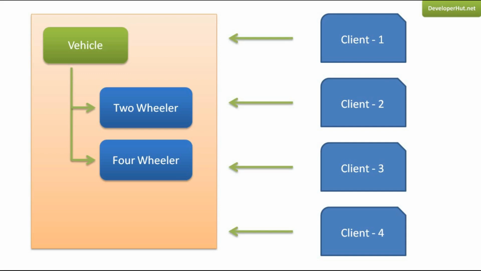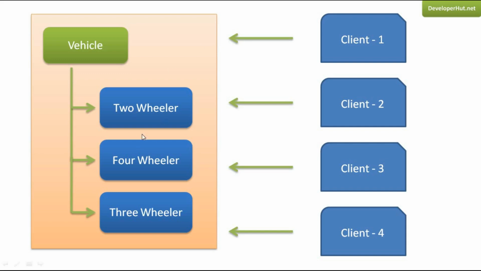Now you decided to add an additional vehicle, which is a three-wheeler vehicle. Now there is a bit of a problem because every client only knows the two-wheeler and the four-wheeler types, right? And they are holding the logic to create only the two-wheeler and four-wheeler. Now if they want to use the three-wheeler vehicle, they need to update their creational logic, right?